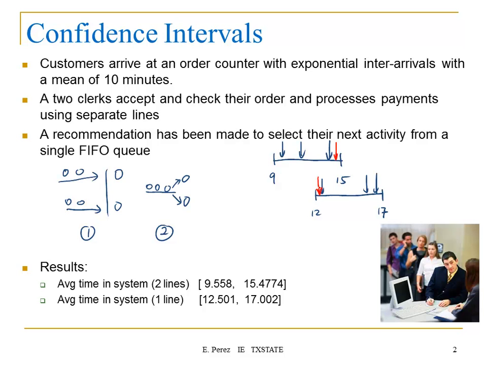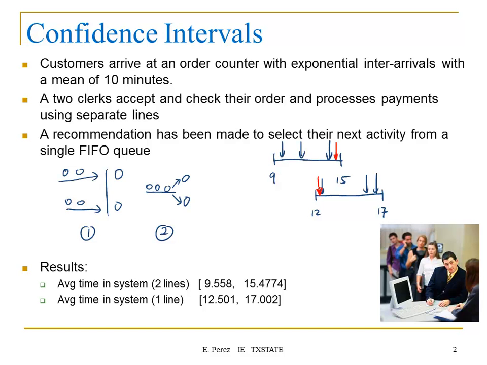So that will give you a different answer. Because if that is true, that means that the waiting time for the second system is better than the waiting time for the first system. So based on this confidence interval, you cannot make any decision, because you don't know where the population mean is.